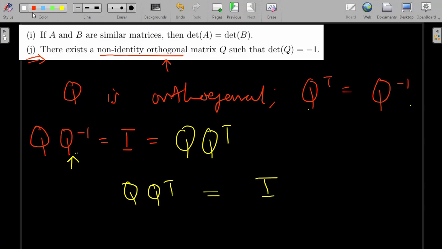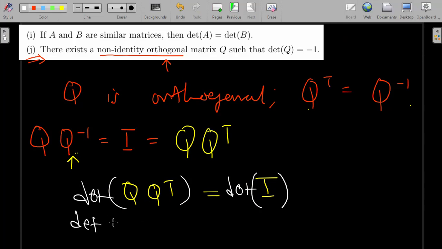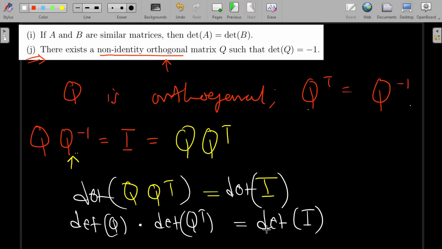Then from here, I'm going to introduce the determinant on both sides. The determinant of this, and the determinant of I. By the properties of determinants, we can separate it into the determinant of Q multiplied by the determinant of Q transpose equals the determinant of the identity matrix.